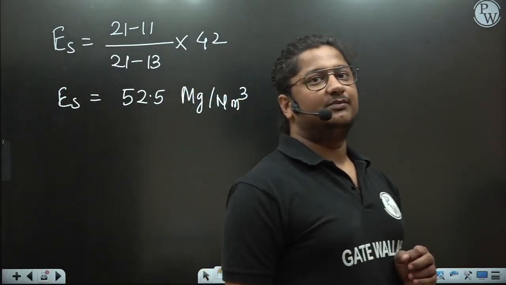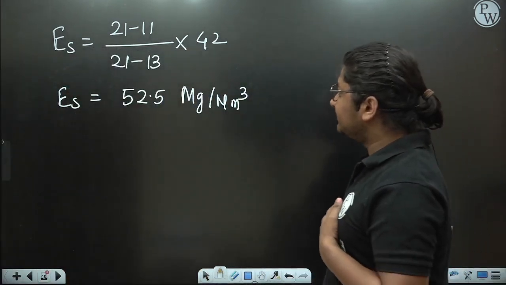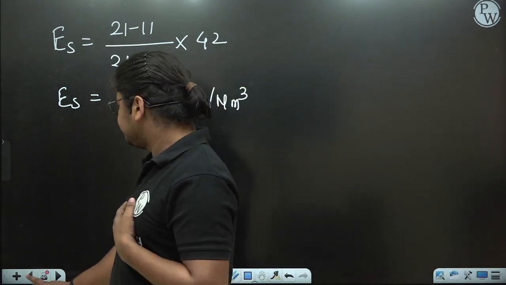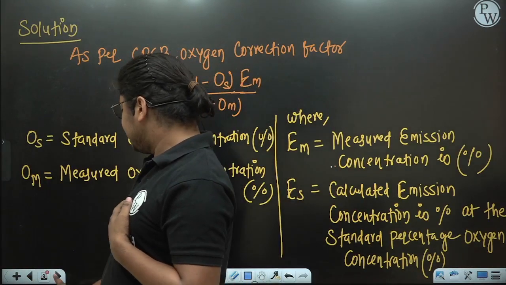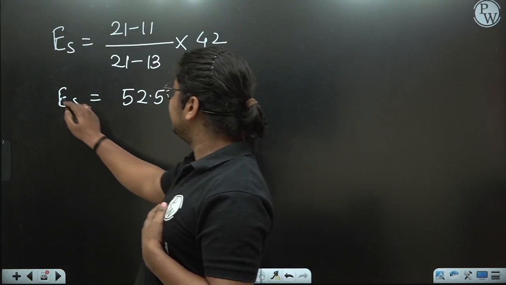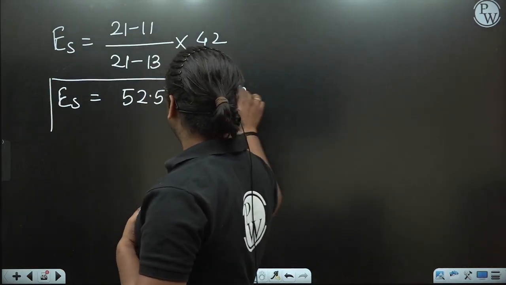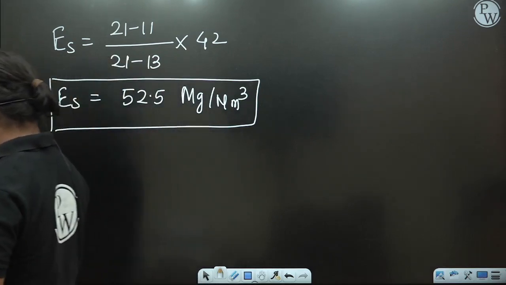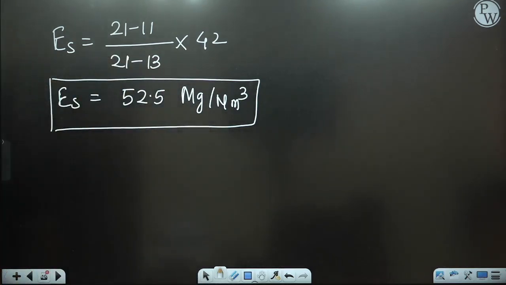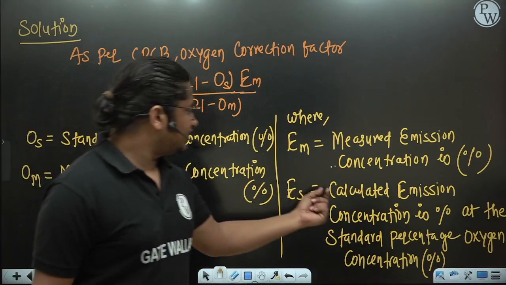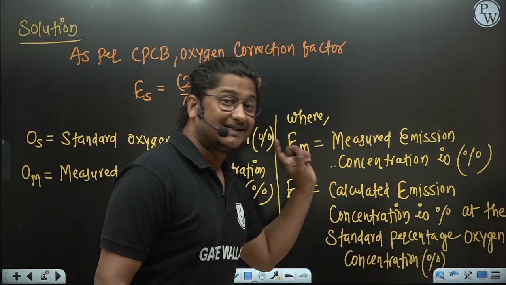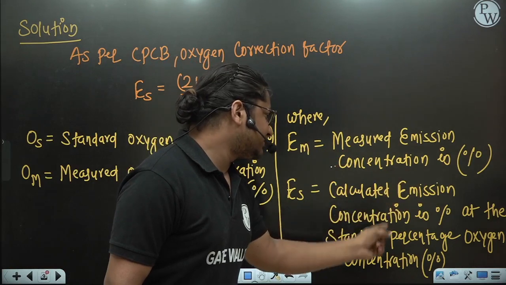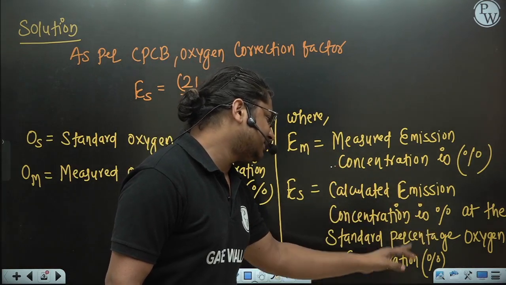Now comes the last part, that is finding the right option. Here, as you can see directly, this emission which we have calculated is based on the standard oxygen part. So ES is basically the calculated emission concentration at the standard percentage of oxygen.